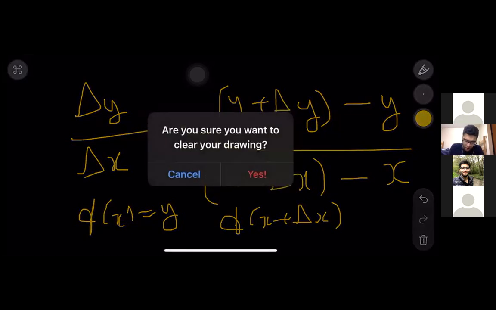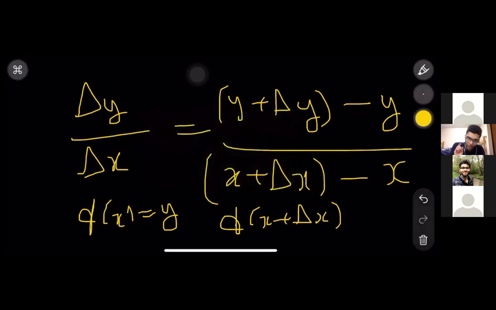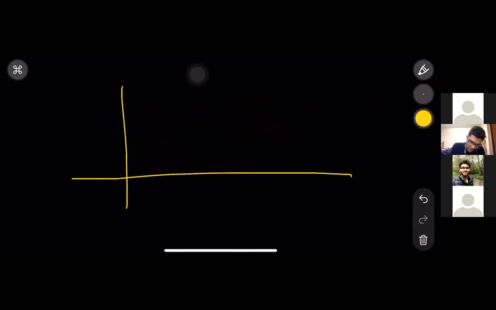Let me actually draw this for you. Let's make it simpler. Some of you might be confused. We started at this point and then we went here. This is point x comma y. This is x, this is y, this is x comma y. Then the function changes over here.